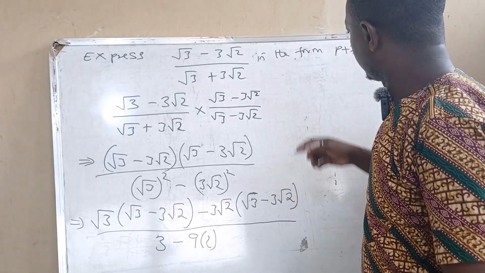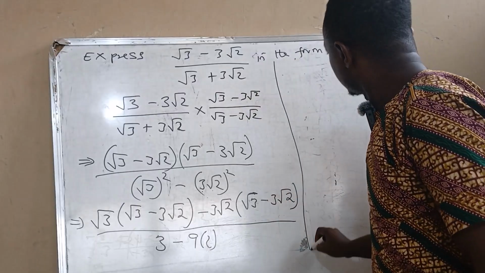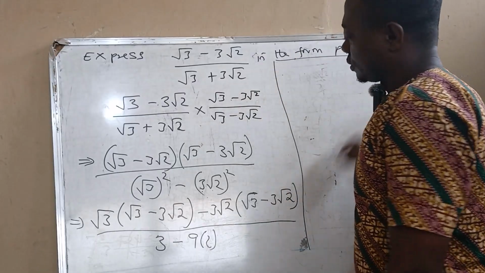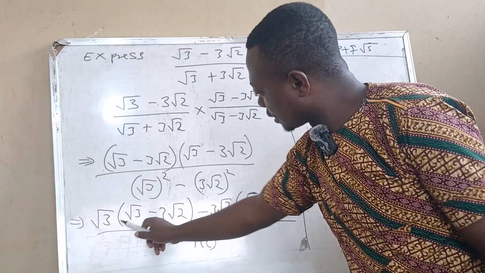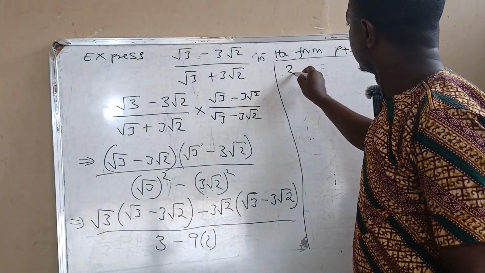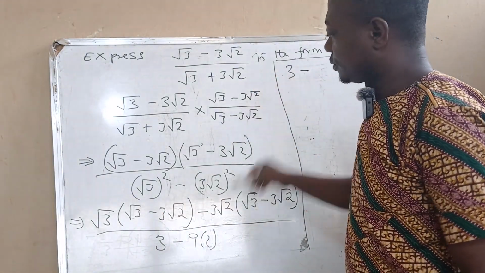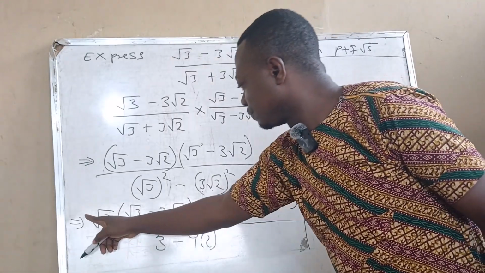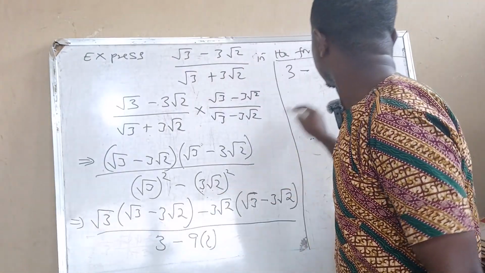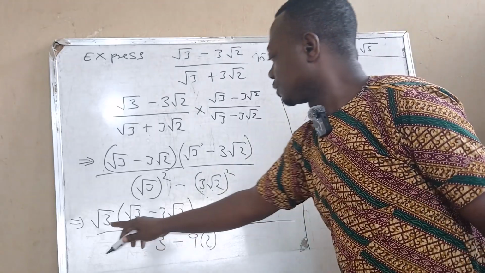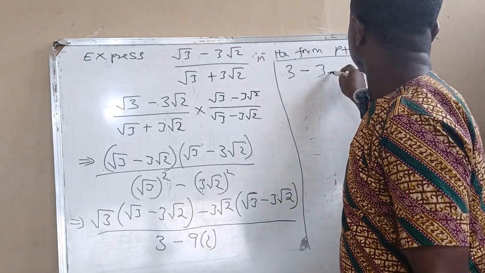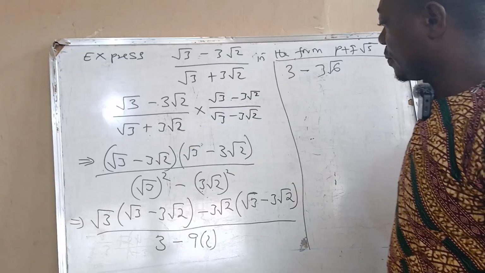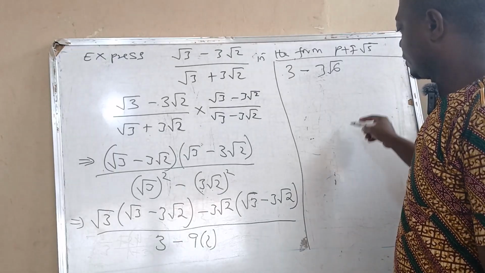So from here, this times that will be 3 minus this times that. What is the coefficient? 1. The 1 will multiply this 3. And this one also multiply. That is 6. So we are done with the first bracket.